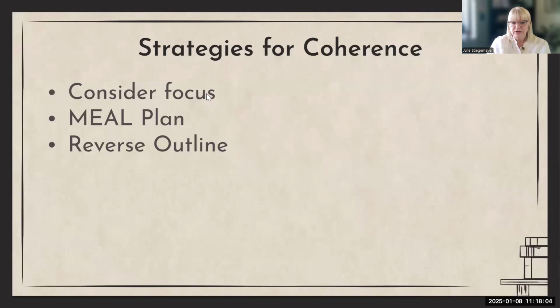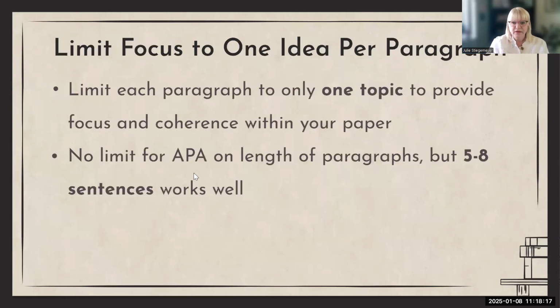So there are different strategies we can try for each of these. So first of all, we want to look at the focus of a single paragraph. Then there's a great strategy called the meal plan. And occasionally we might use the reverse outline to help with coherence. So generally, it's a great idea to limit each paragraph to one topic.